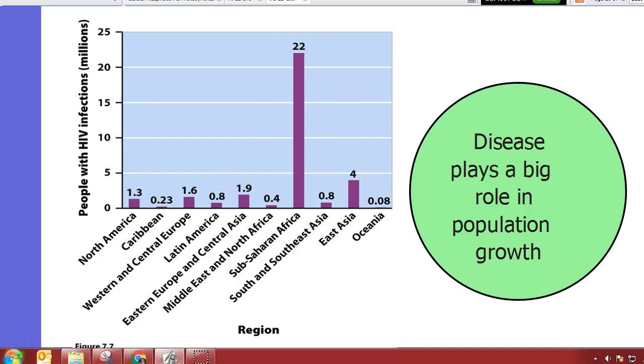All right, you don't need to write anything down here, but disease also plays a role in population growth. This is people with HIV infection. This is in millions.